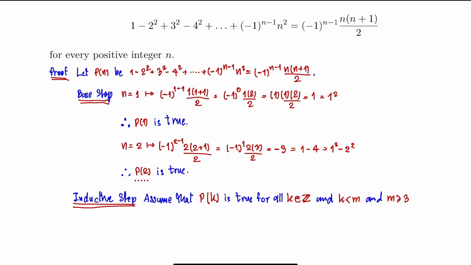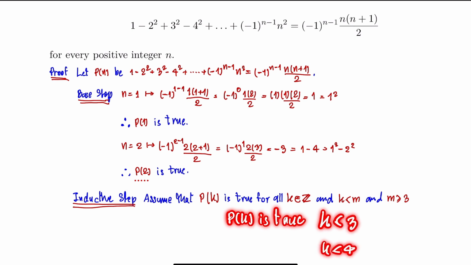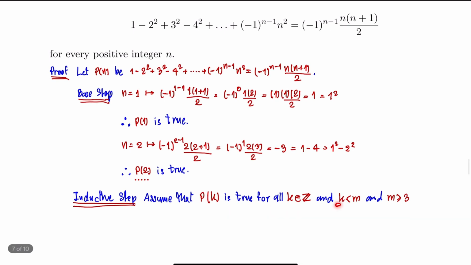So we have the case where P(k) is true when k is less than 3, less than 4, less than 5, less than 6, and so on.